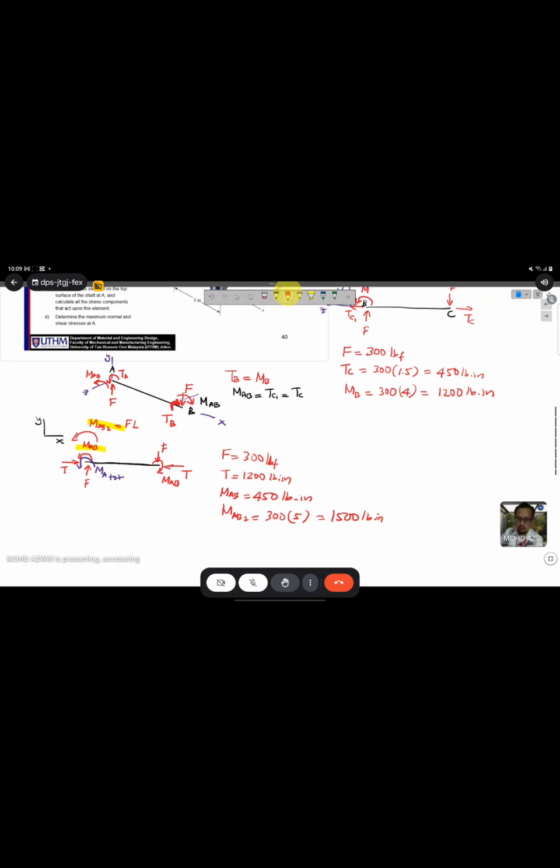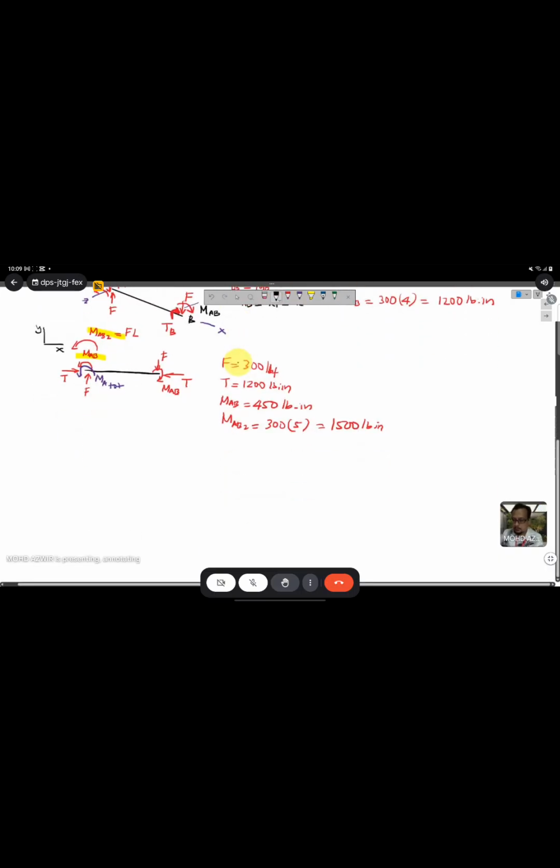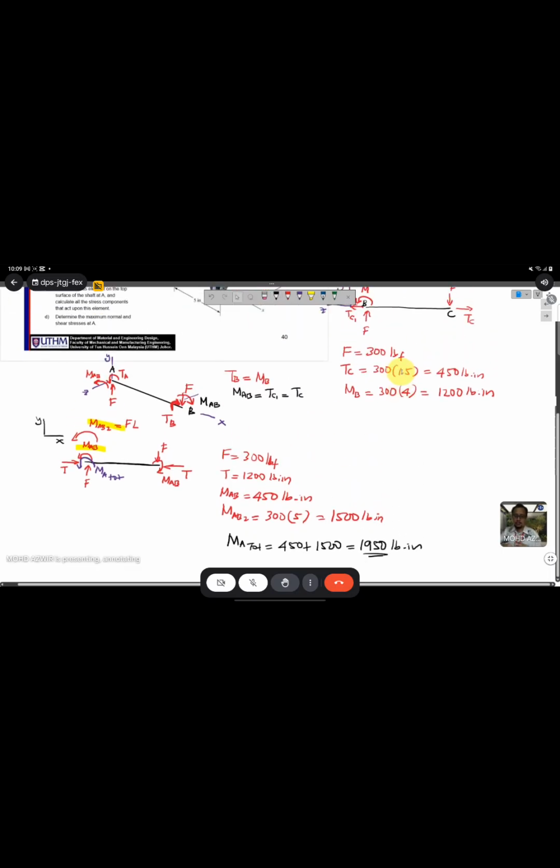If you put MA total, you can erase this one, you can ignore this one. So MA total is equal to 450 plus 1,500. Then you get 1,950 pound inch. Okay, so we have already calculated all the forces. Do you have any question you want to ask?